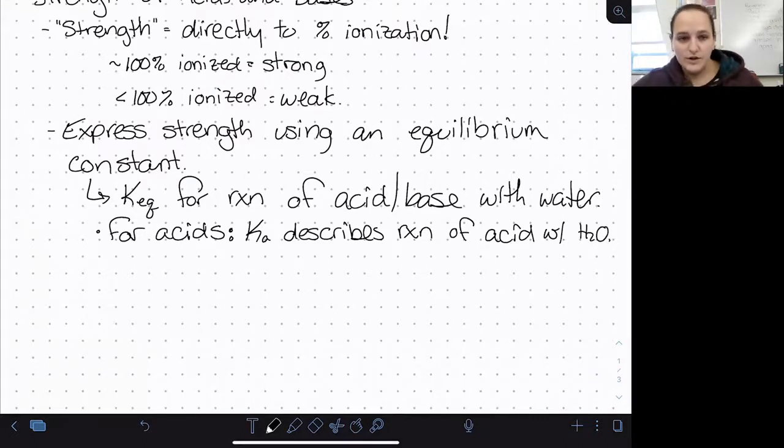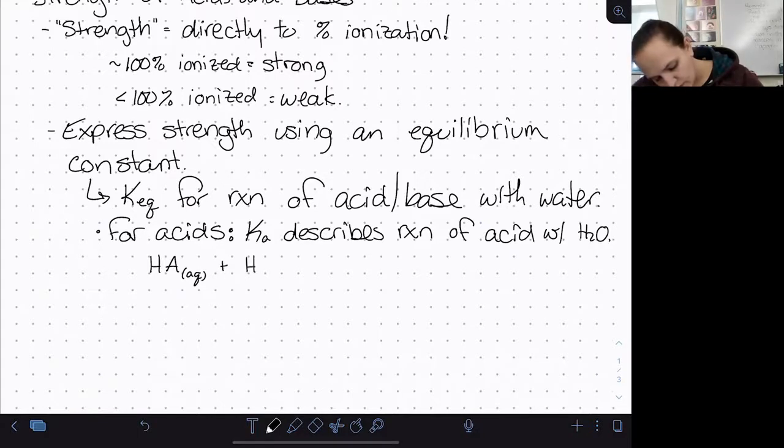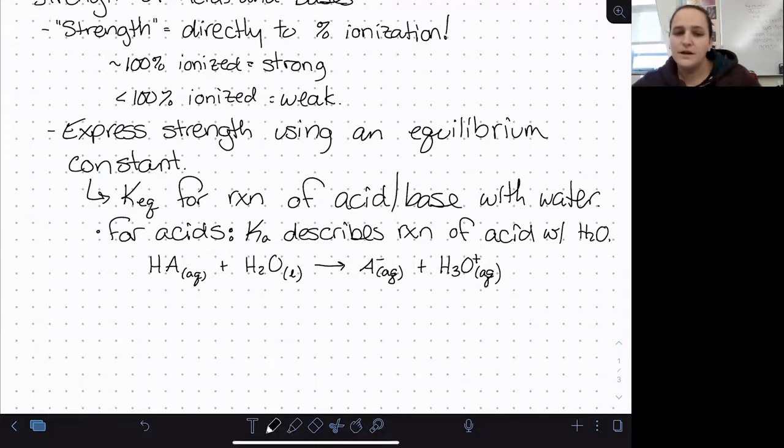So for a generic acid here, where A is some anion, when this reacts with water, water is going to function as a base and take the proton from the acid. So when our acid loses H+, all that's left behind is our anion. When water gains H+, it becomes hydronium.